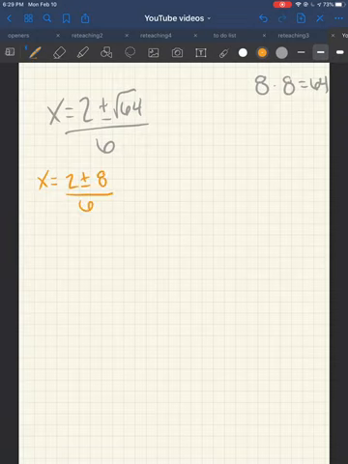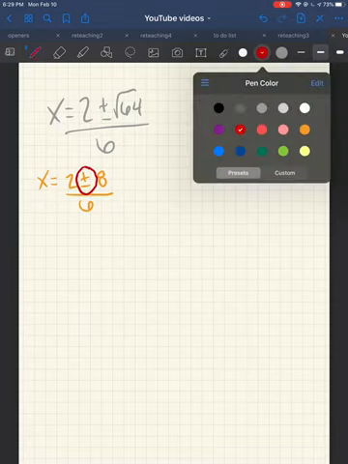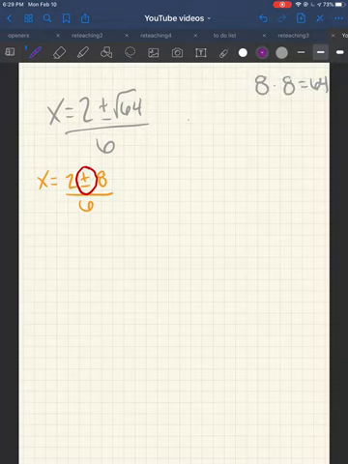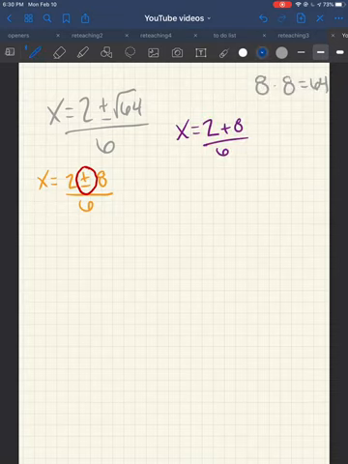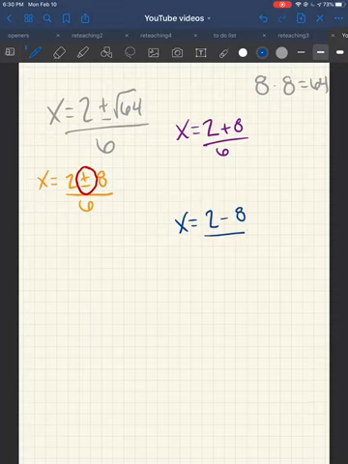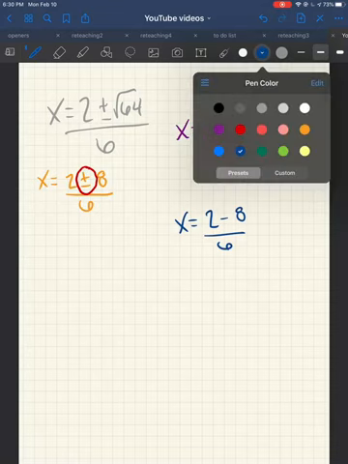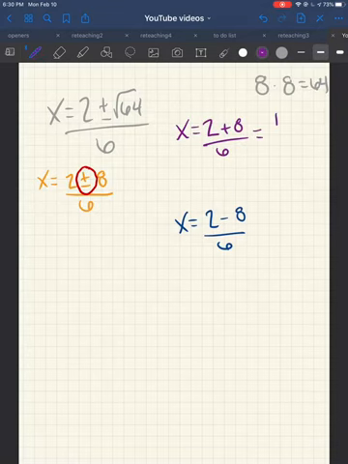So now I have to break this into two different equations, two different solutions. So we'll have x equals 2 plus 8 over 6, and then I will have x equals 2 minus 8 over 6. Okay, so 2 plus 8 is going to be 10 over 6, and this can be further simplified.